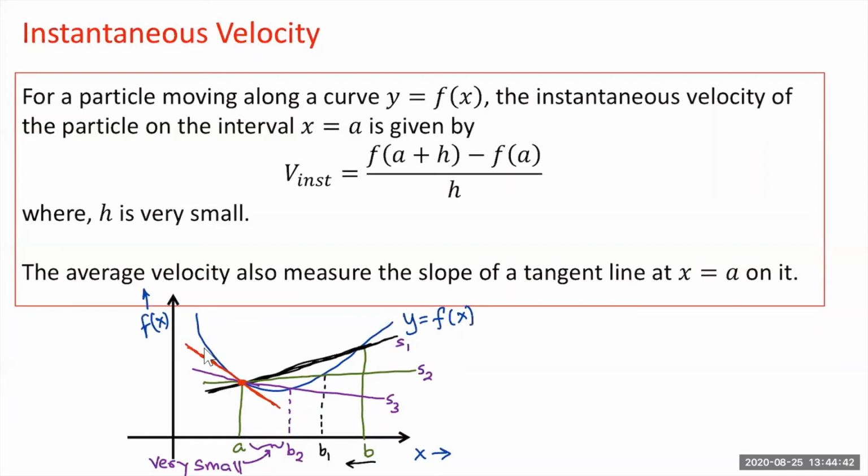So this line is no more a secant line. Instead, this will just touch the curve and go. The point is here, and this line is just touching the curve at that point. That means if a line is just touching the curve at a point, the line is called the tangent line.